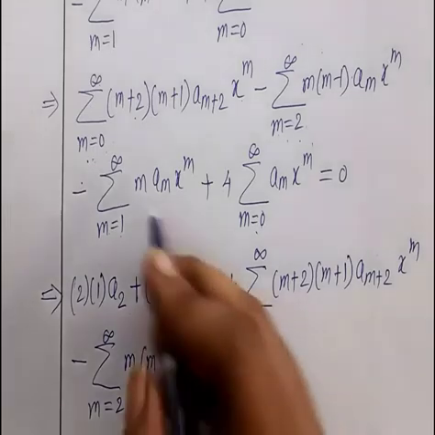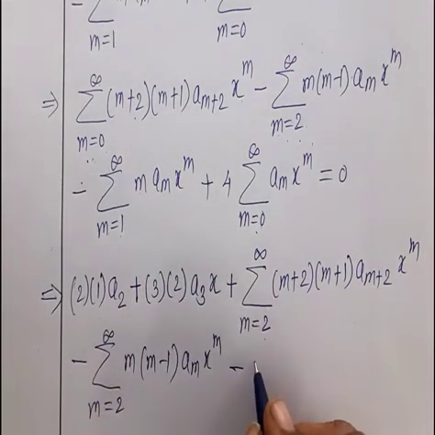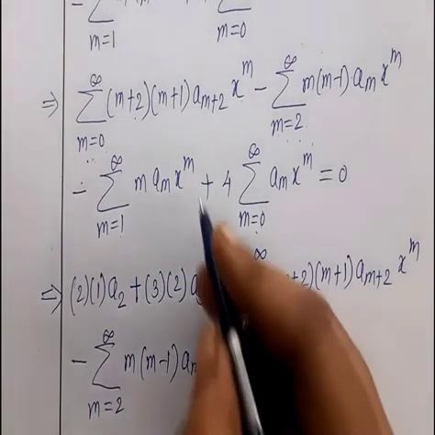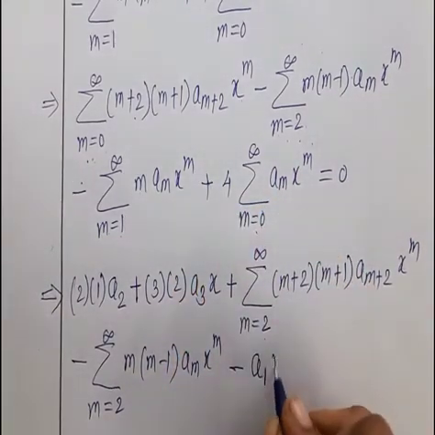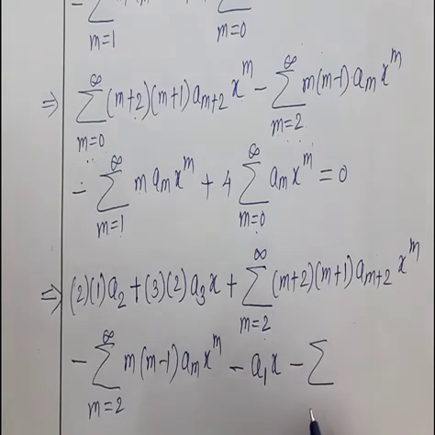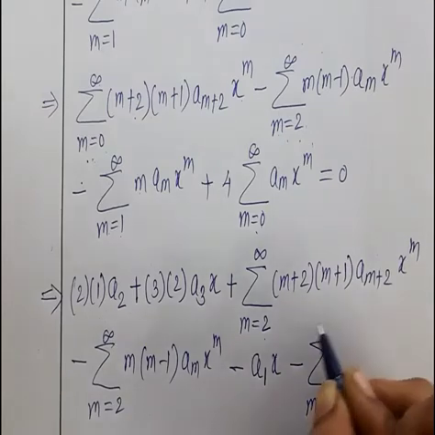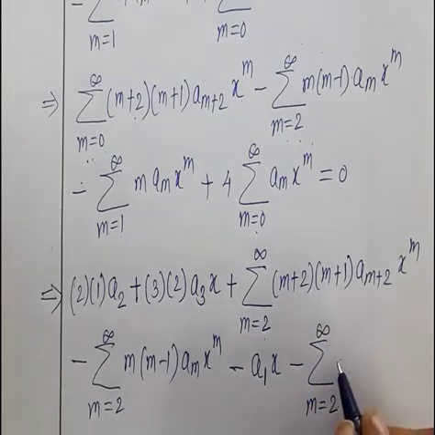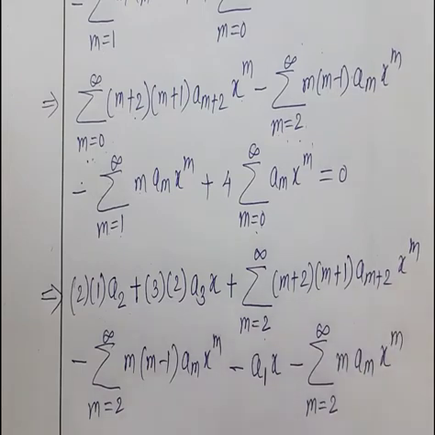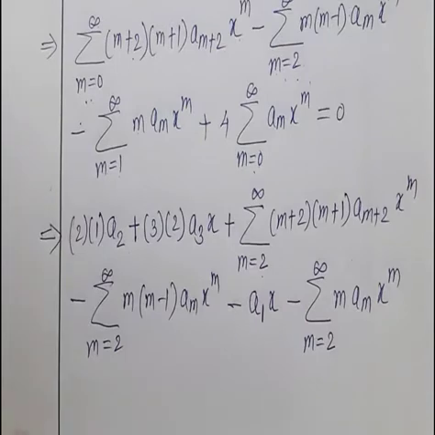So minus, put m equals 1 here: 1 into a_1, and x to the power 1 is x, minus summation m equals 2 to infinity of m a_m x to the power m.